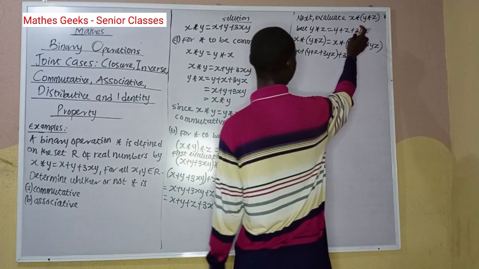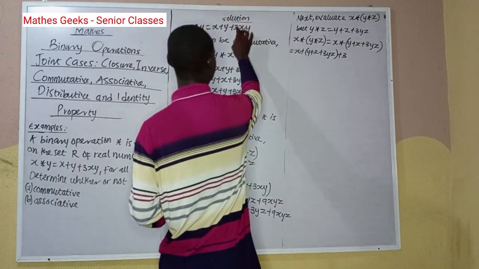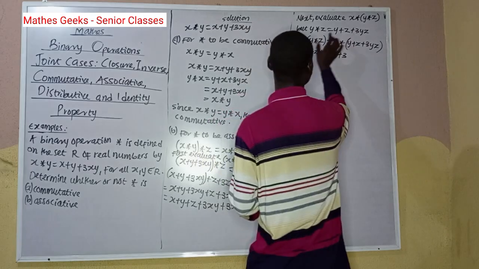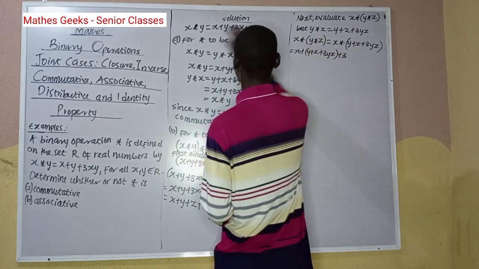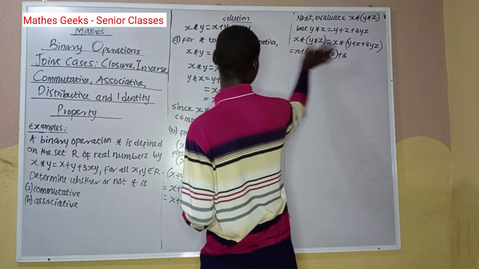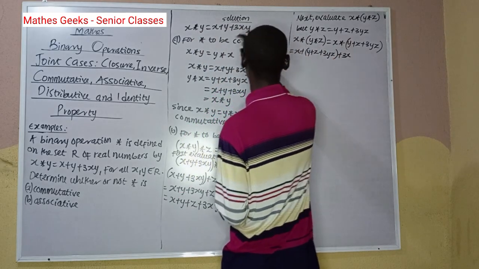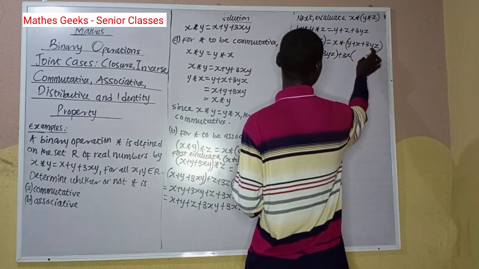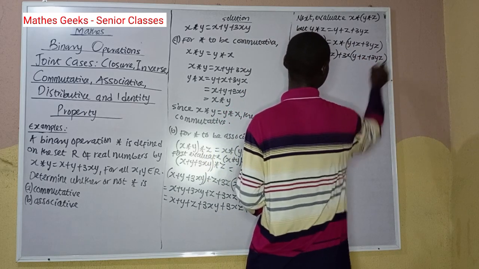So here, remember y is the 3xy. So our y is y star z from the general equation. So 3x here, since it's 3xy, and then brackets follow y plus z plus 3yz.